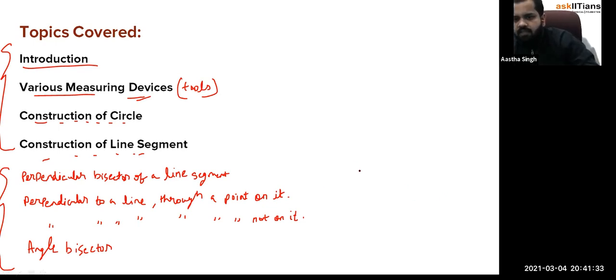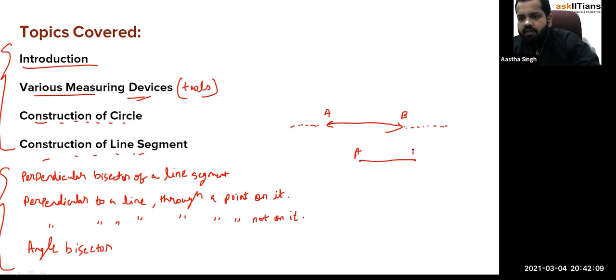So guys, let me just tell you what perpendicular bisector means. Suppose, let me just tell you what is the difference between a line and a line segment. A line is basically this. We generally denote it by this arrow. So basically, your AB is a line, which means a line which can be extended either way, either of its ends. A line can extend, but a line segment means this is fixed.